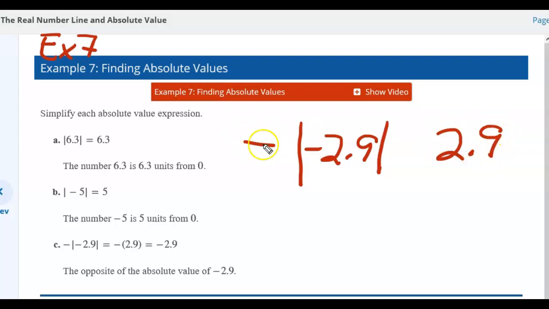But then we have to apply this negative sign. Or we can think of a negative 1 being there, and then negative 1 times 2.9 makes this a negative. So whenever there's a negative sign out in front of the absolute value, it ends up being a negative.